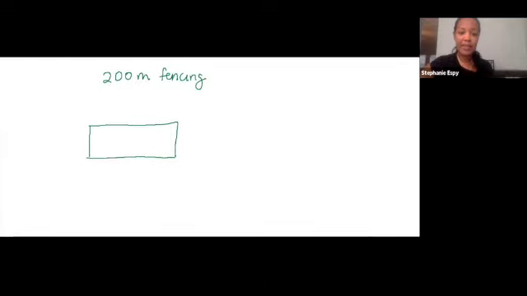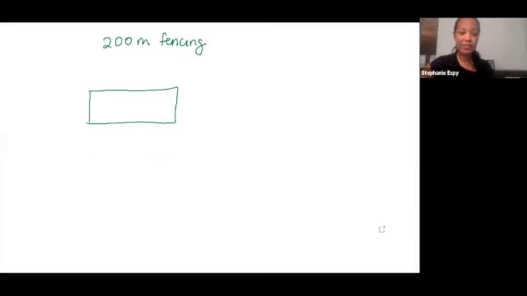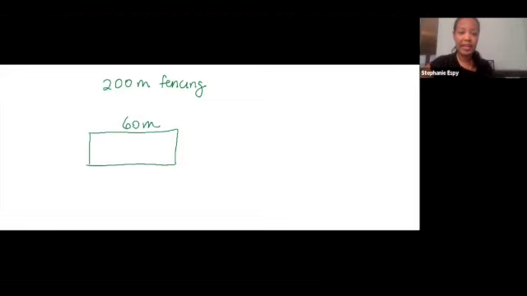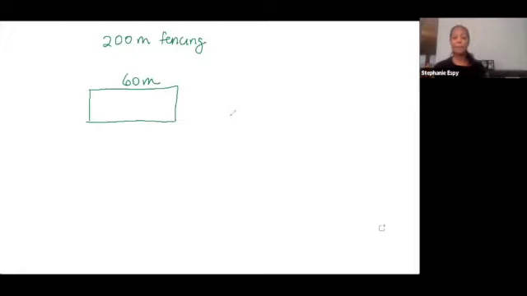And one side of the rectangle is 60 meters. So one side, it can pick any side we want. This is 60 meters. And it says find the area of the pen. So, Beatrice, how do we find the area of this pen? What was your first step?